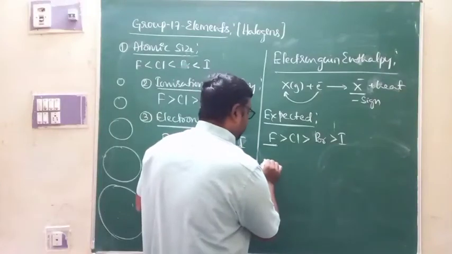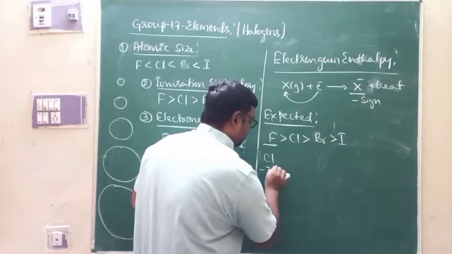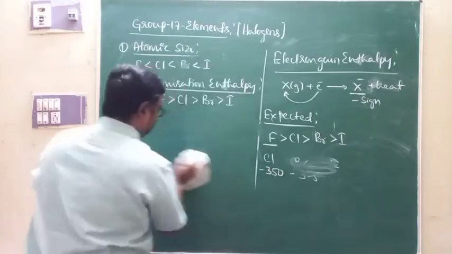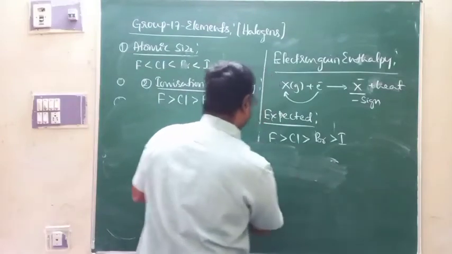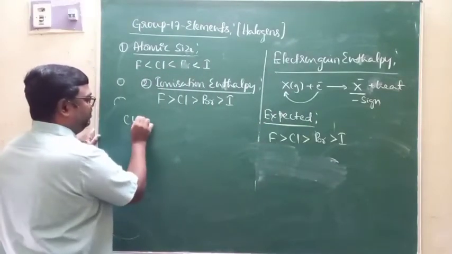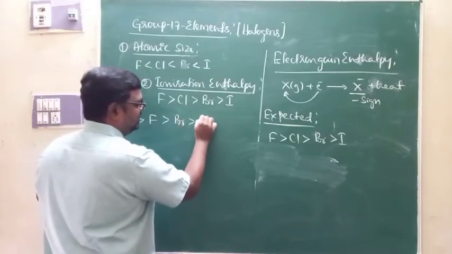Actually, electron gain enthalpy of chlorine is around minus 350 kilojoules. As far as electron gain enthalpy of these elements is concerned, that of chlorine is greater than fluorine, that is greater than bromine, and that is greater than iodine.